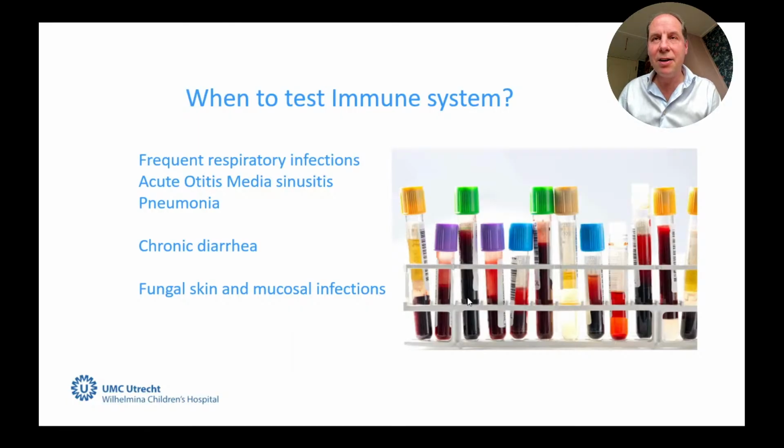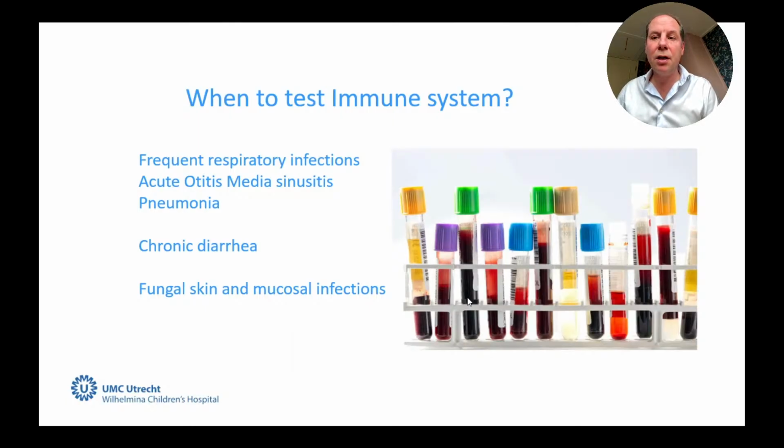And if you think about the Jacobsen associated immune deficiency, it's not only antibody deficiency, it's also lymphocyte numbers that may be too low. And that makes you susceptible to viral infections.